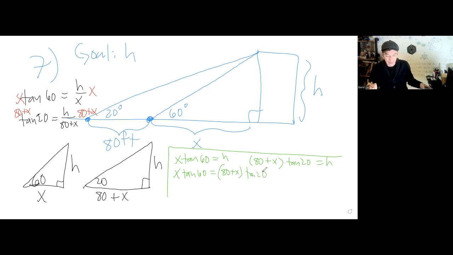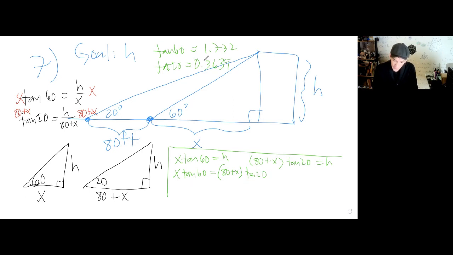Now, how about on a calculator, you turn tangent 60 and tangent 20 into decimals? Tangent 60 is about 1.732. Tangent 20 is about 0.3639.